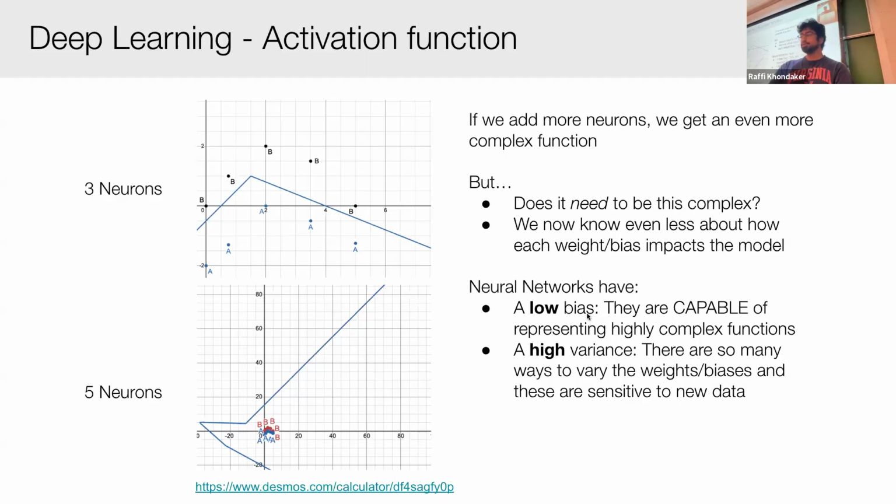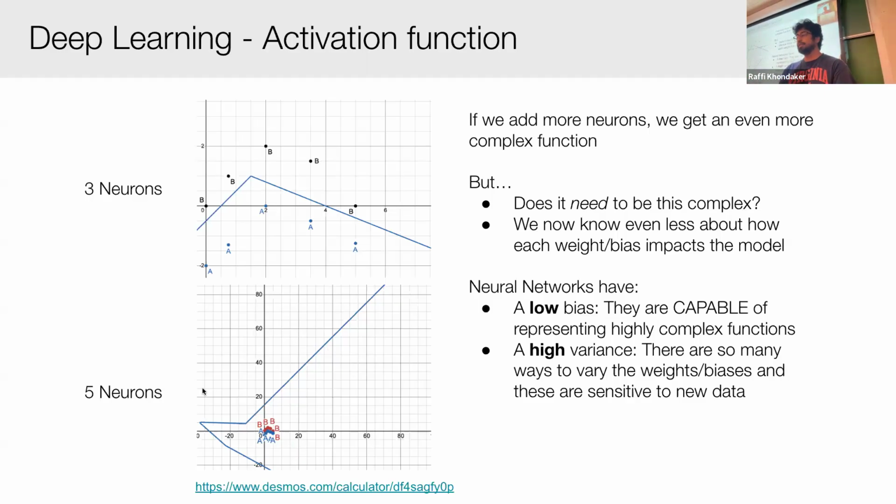so again, this goes back to the idea of bias and variance. With bias, you have a high bias error when you have a very simplistic model that can't really model complex functions. For example, a perceptron can only model a straight line. That is a very high bias because it can't model complex functions. Whereas neural networks with a ton of neurons have a very low bias because in theory, they can model any function you want.